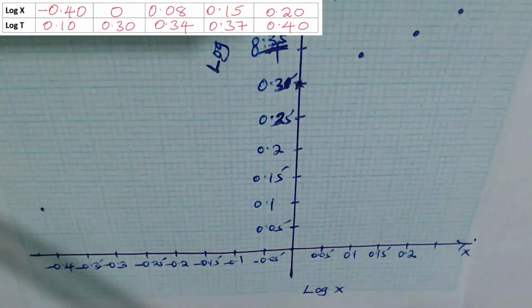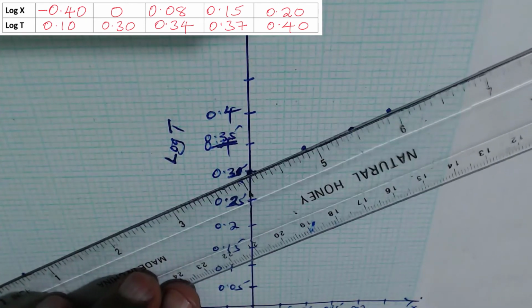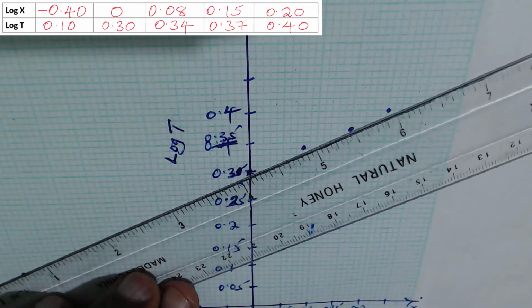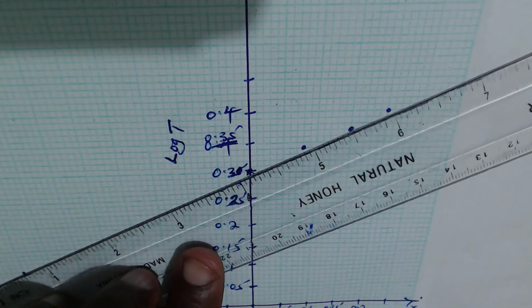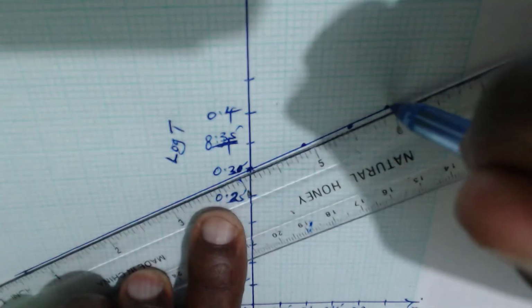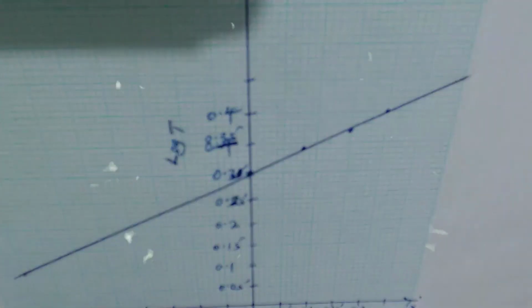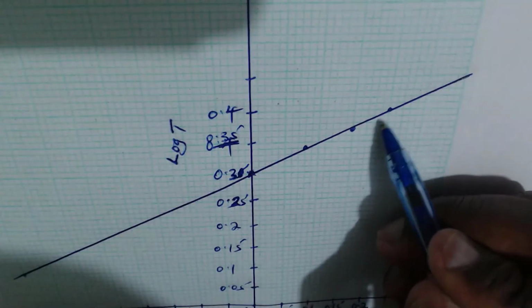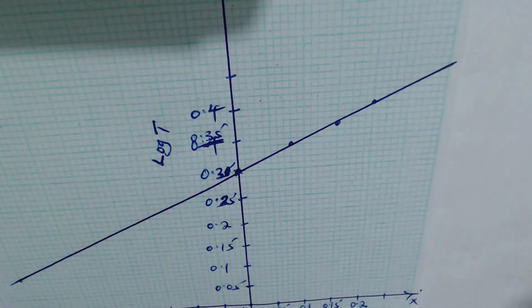So drawing the line of best fit. This is a line where most of the points should lie on that line. When I look, I can see at least 3 points are lying on it.